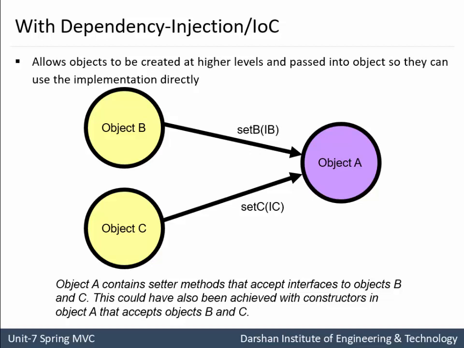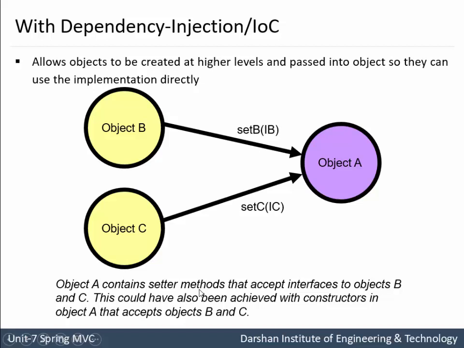Inversion means that instead of class A creating objects of B and C, the container will create objects of class B and C, and those objects are injected into class A. For example, allow the object to be created at a higher level, that is, by the container itself, not by any other class, and that object will be passed into the object of class A, so that it can be implemented directly. So here, the example is that object A contains a setter method.